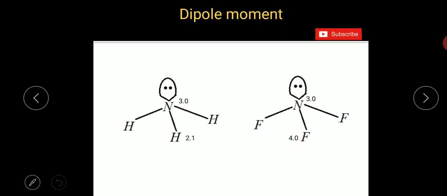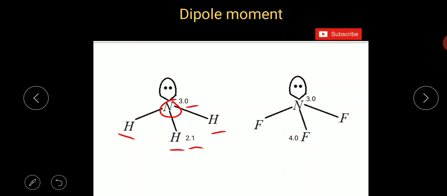Suppose you take ammonia. Here three hydrogen atoms are bonded to nitrogen. Nitrogen electronegativity is 3, hydrogen electronegativity is 2.1. That's why the molecule gets polarity, because nitrogen is a highly electronegative element and hydrogen is less electronegative.